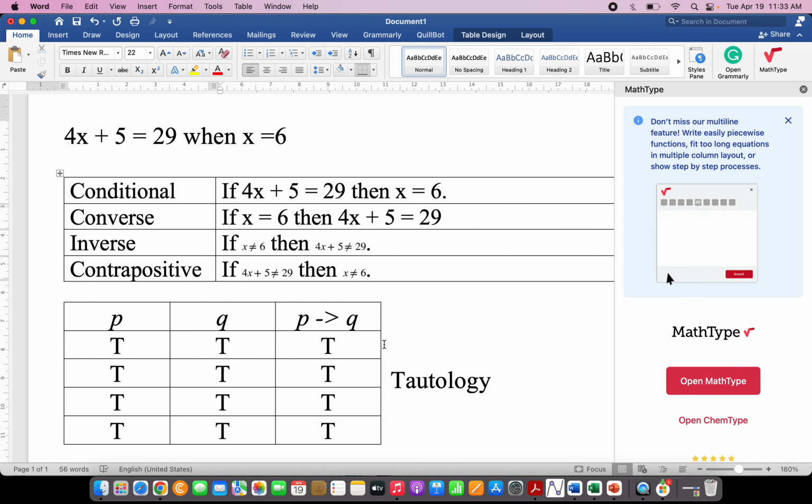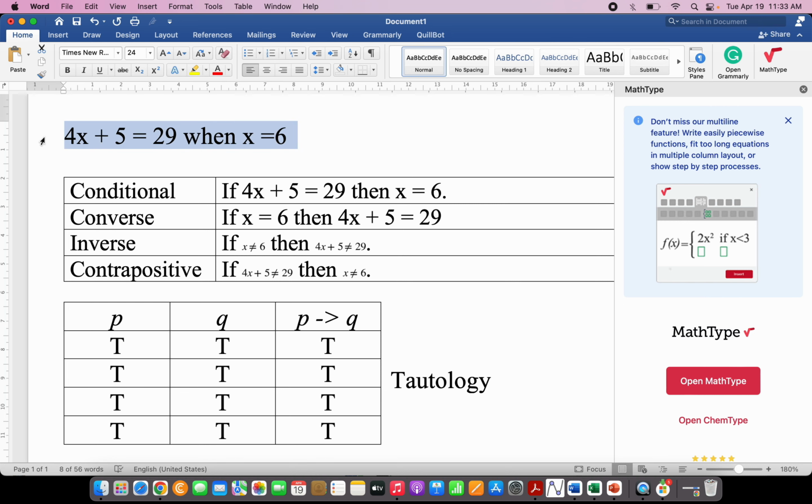So, some more clarification. Another example pa ba or naiintindihan na? Okay na lahat? So, hindi na kailangan ng another example. Okay na?